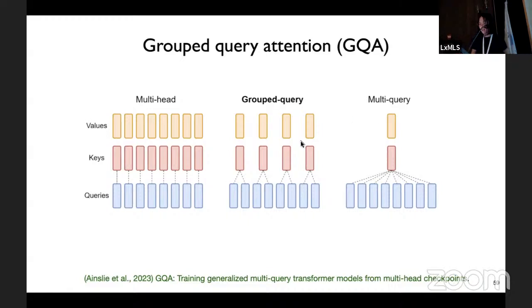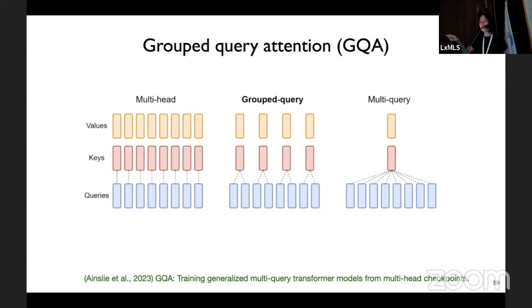And the more recent advance is something called group query attention. It's something in between multi-head attention and multi-query attention. Instead of squeezing all the value and key vectors into one vector, they decided, why not group the tokens? For the first group, we use one set of value and key vectors.